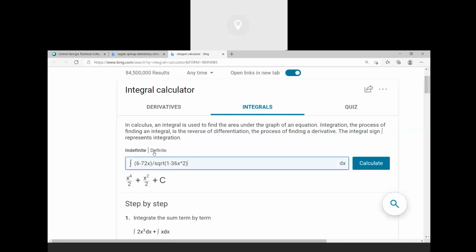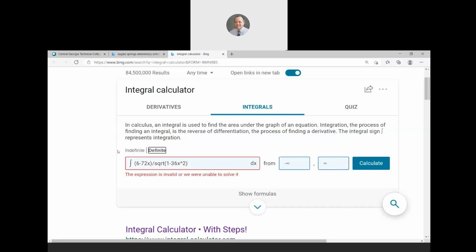Yeah, just switch to definite, and you should have spaces here where you can plug in your limits of integration, whatever they are.